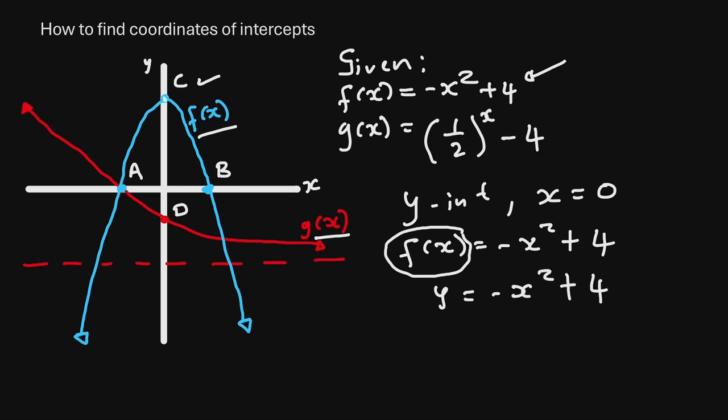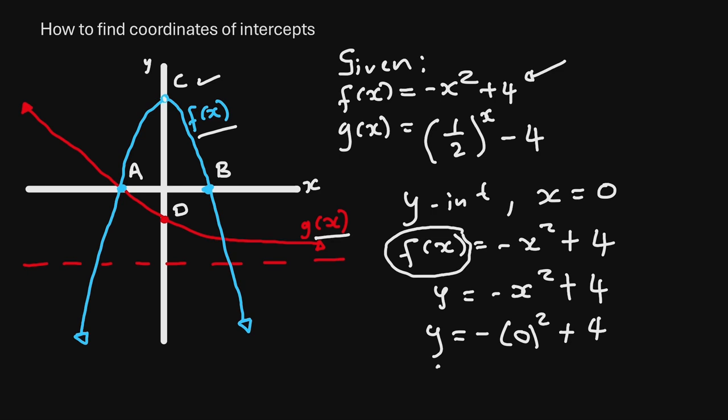Now c is what we call the y-intercept, and for the y-intercept we let the value of x be 0. So we substitute the value of x with 0. We have y equals minus x squared plus 4, but now this x will be replaced by 0, so it's going to be minus 0 squared plus 4.